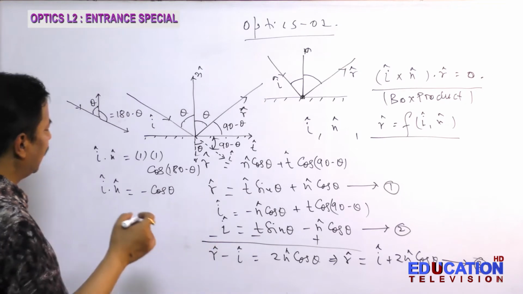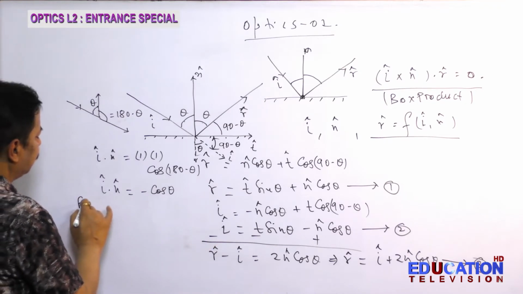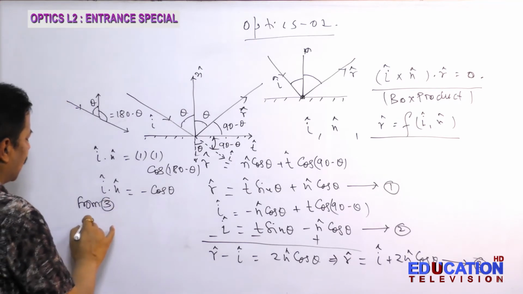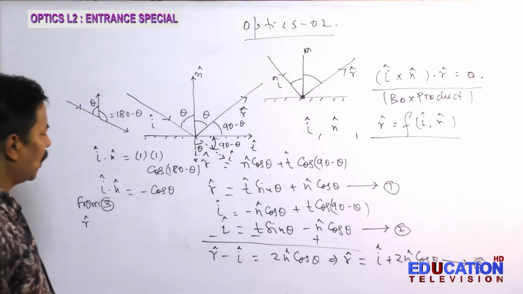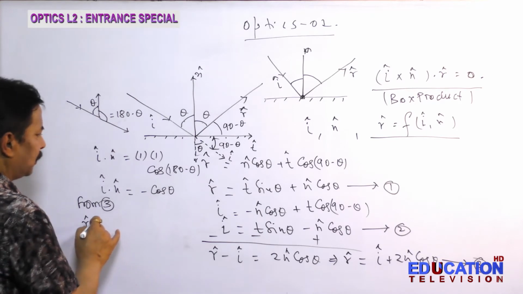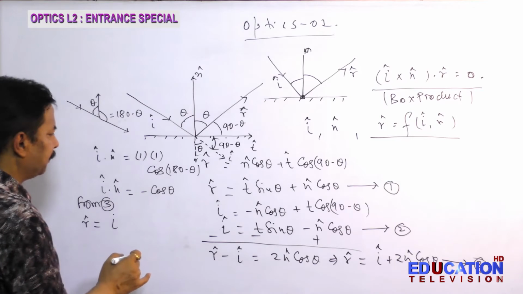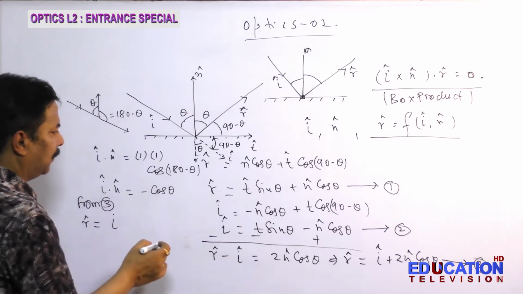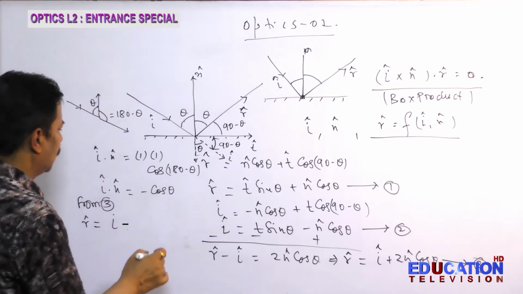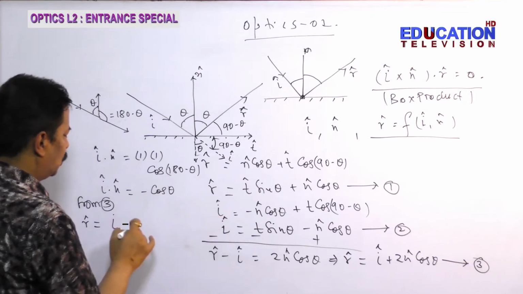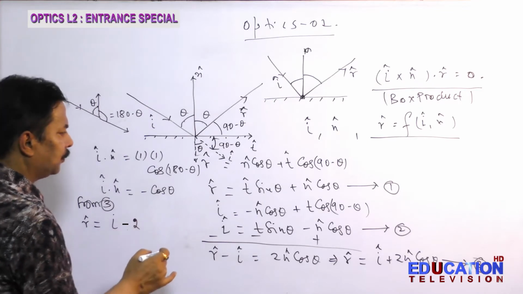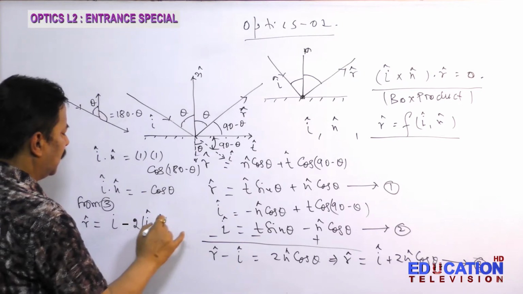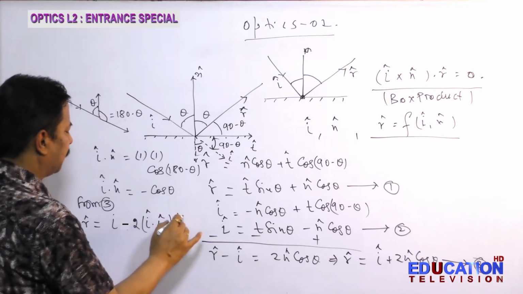So from 3 what can we get? From 3 we get r vector, that is the vector along the reflected ray, that should be equal to I plus 2 cos theta, that is I dot n into n cap.